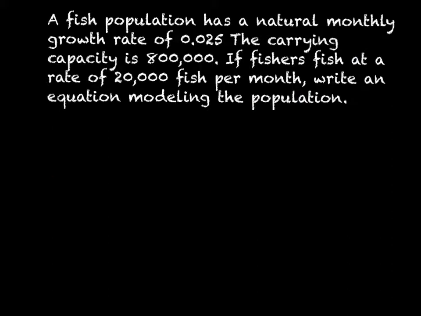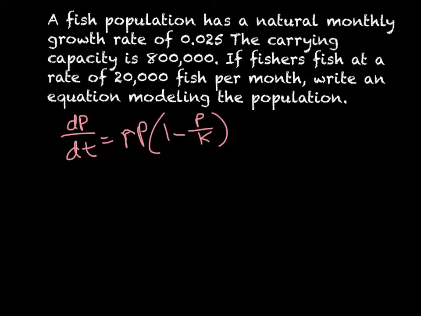This example is going to deal with the logistic model. So a fish population has a natural monthly growth rate of 0.025. The carrying capacity is 800,000. If fishers fish at a rate of 20,000 fish per month, write an equation modeling the population. So our logistic model equation was given by dp dt equals rp times 1 minus p over k.